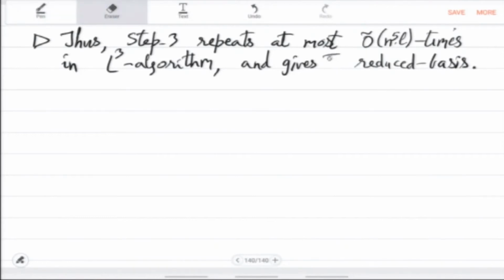In fact, reduced basis may be many, so you will get a reduced basis. And why is that? Well, you showed how many times step 3 will repeat. Once step 3 doesn't repeat, it means that both the axioms of reduced basis in the definition are satisfied. So then you will output the reduced basis.